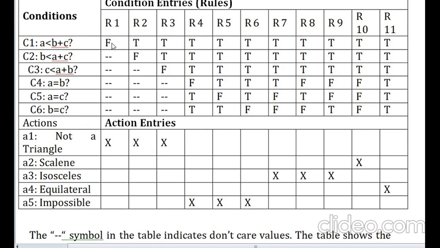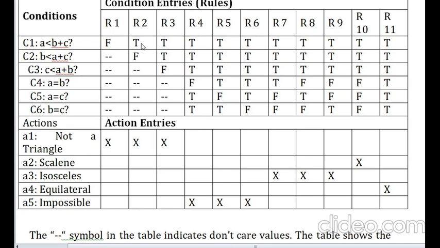So come to rule number 1 in the condition entries. The first one is false, that is, the condition a less than b plus c is false. Definitely if the condition fails, the action entries show not a triangle. Come to rule number 2.